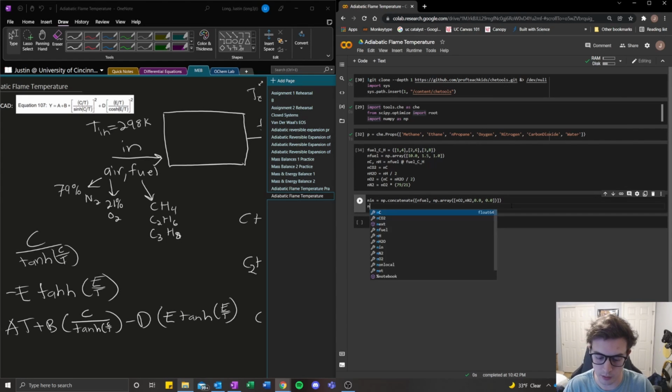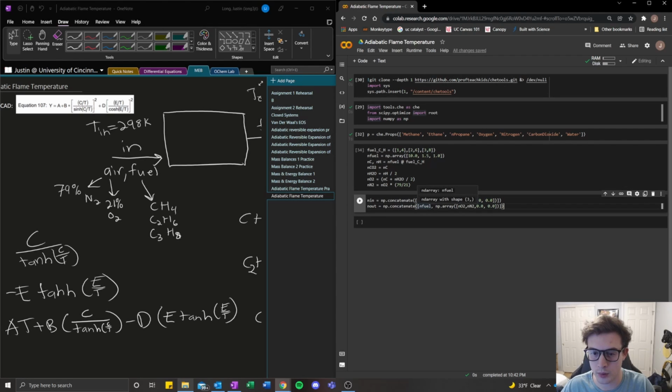And then we also need the number of moles going out total. So we're going to do something very similar to that. So we can just grab this line and change it around a little bit. Because this is going out, we don't have any fuel going out.